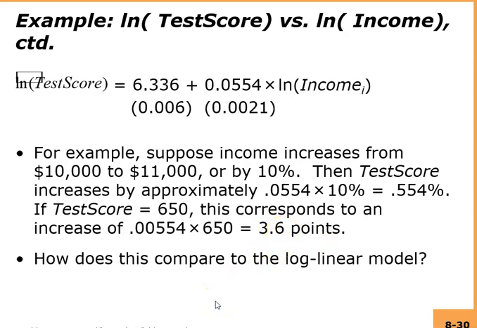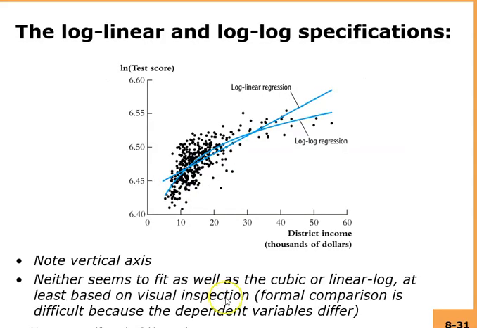So the question then becomes, how does this compare to the log linear model? If you look at the log linear model, over here I have log of test scores as the variable on the y-axis, and because the test scores are logged over here, that's why the log linear model gives me a linear relationship, while the log specification gives me a curve.